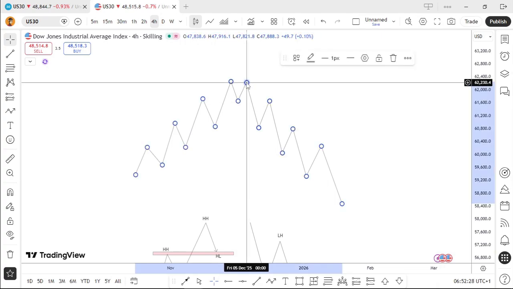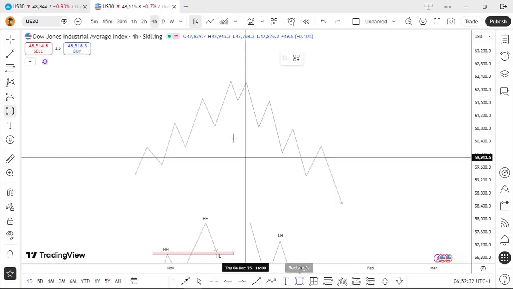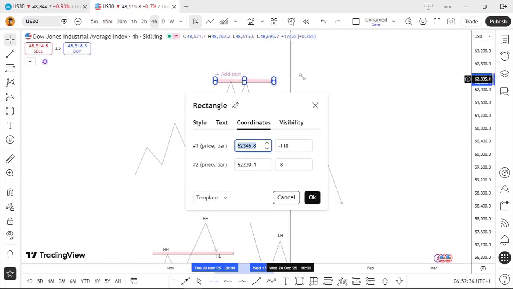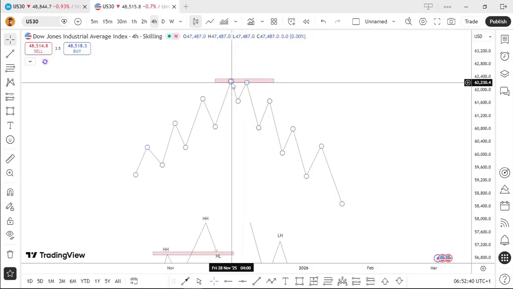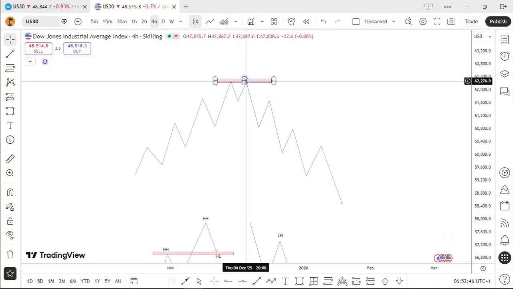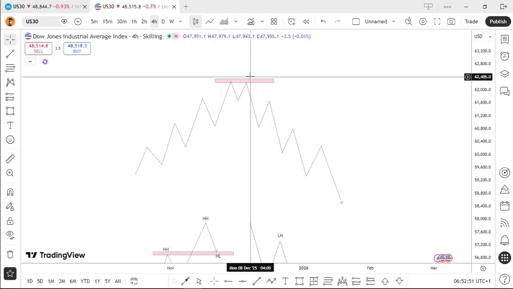So the first sign you get is by the market creating an equal high. This is an equal high. The market created the last higher low and pushed up to create another higher high, but the market failed.